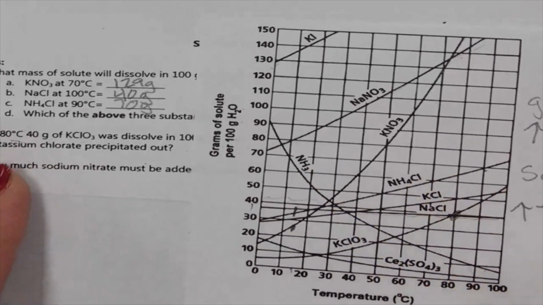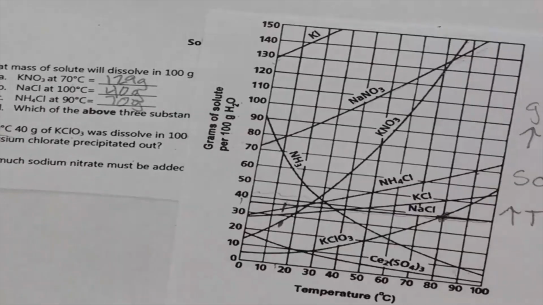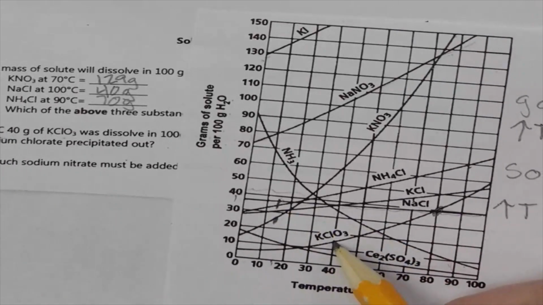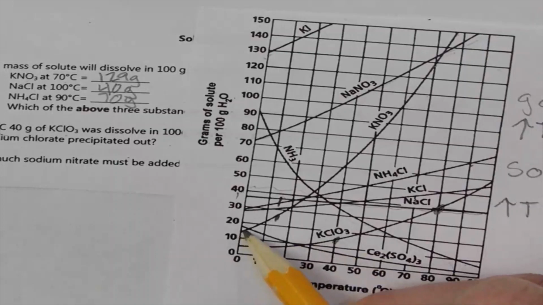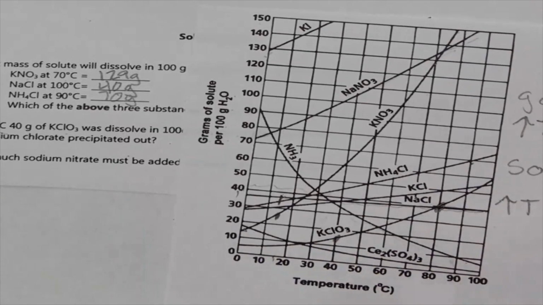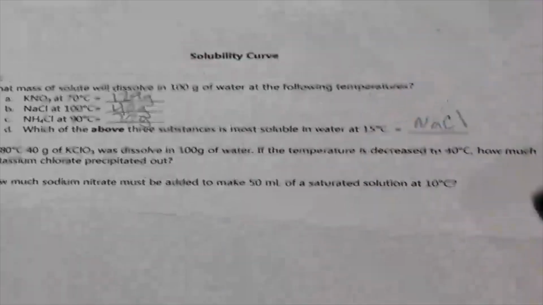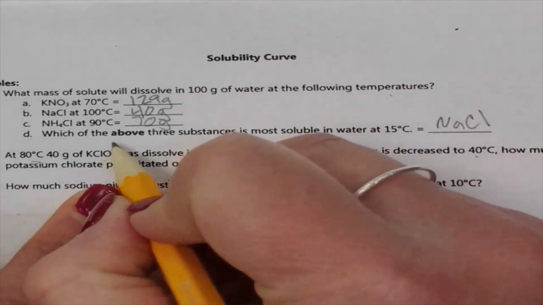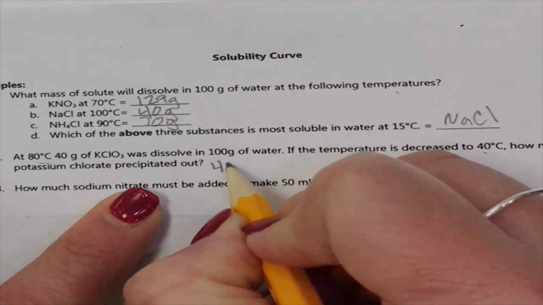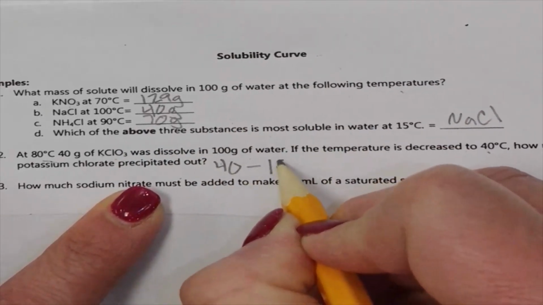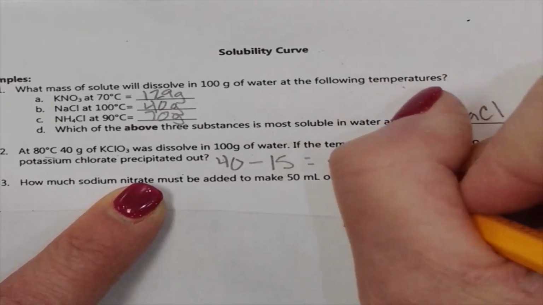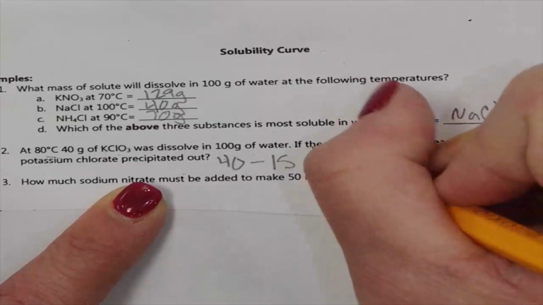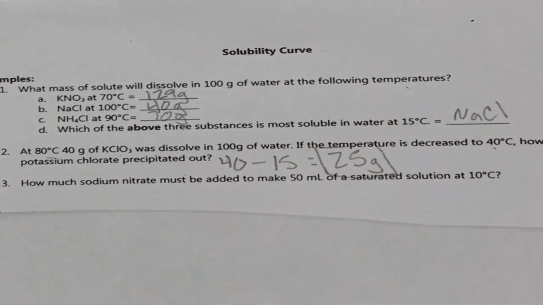And at, what was my temperature? 40 degrees Celsius, it is able to hold somewhere around 15 grams. So if I am able to hold 40 grams at 80 and only 15 at my next temperature, that means 25 grams will precipitate out.